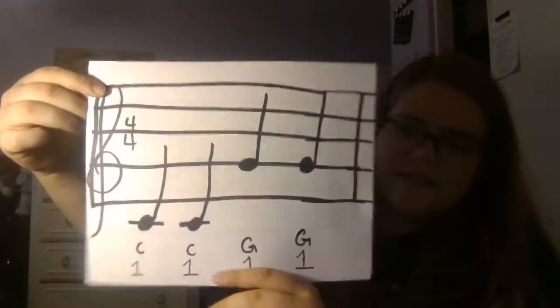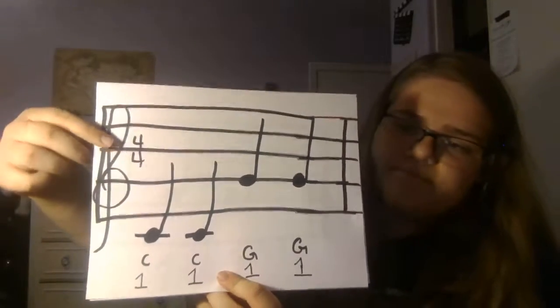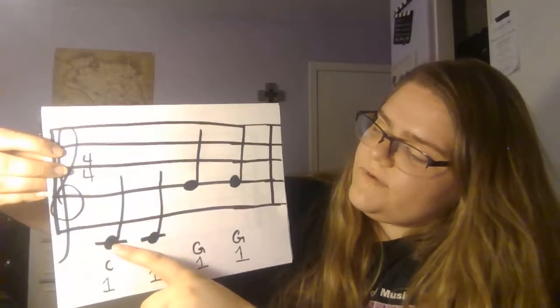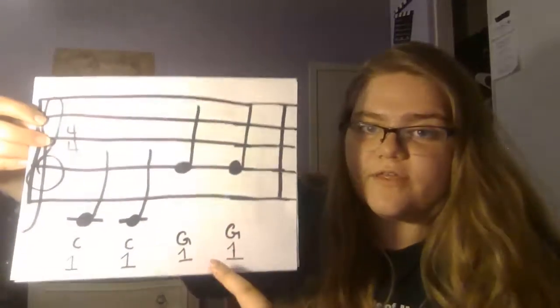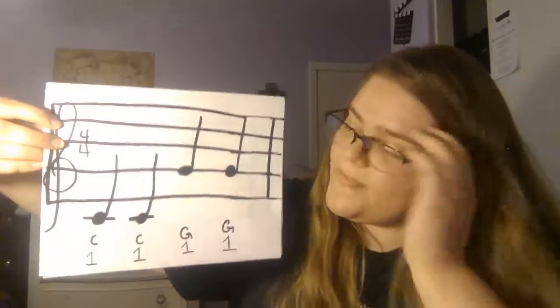So, if you wanted to put it all together, let's look at this. Ready? We're in 4/4 time, and we have some notes written out with note values and pitches.